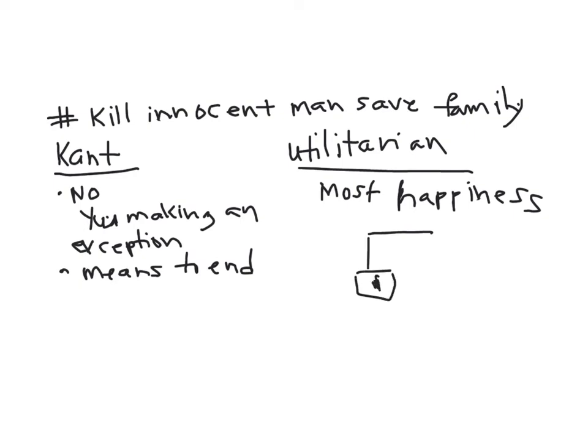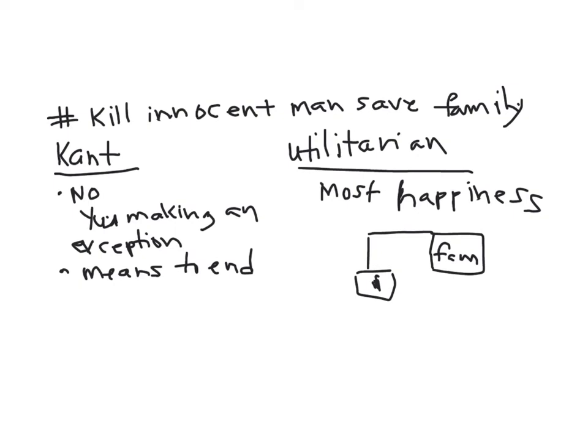You have one guy versus a whole family. So most students will argue from a utilitarian perspective that the right thing to do would be to kill the innocent man, because you end up with a net gain of more people being alive.